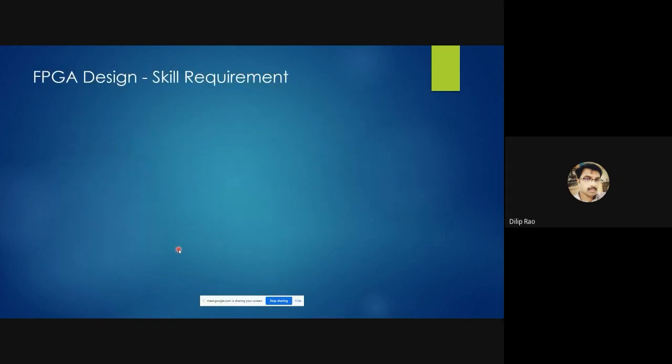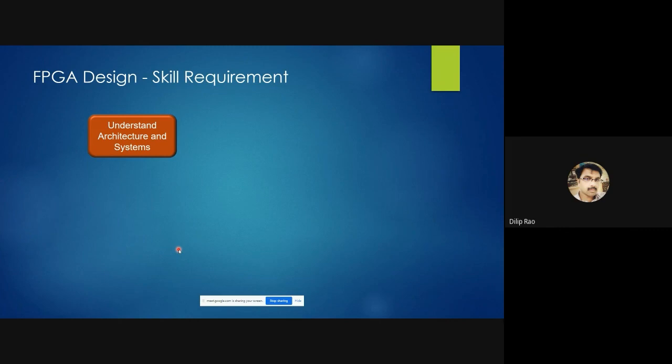So, FPGA design skill requirement, right? FPGA design is a very niche area, I would say. It's not everybody's cup of tea, and as I see it, it is an intersection of various domains and skill sets. It is not a single skill set. It's a combination of several skill sets and backgrounds that you need to master to be a good FPGA designer. Let us see one by one. You need to understand the architecture and the systems, because FPGA is not going to work standalone. It needs to be part of a full system.